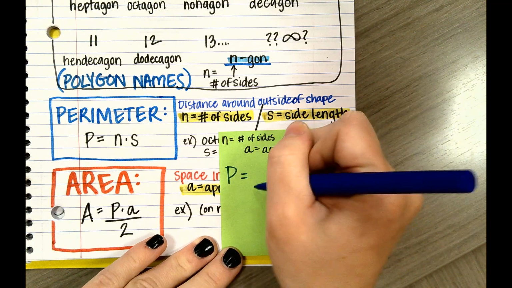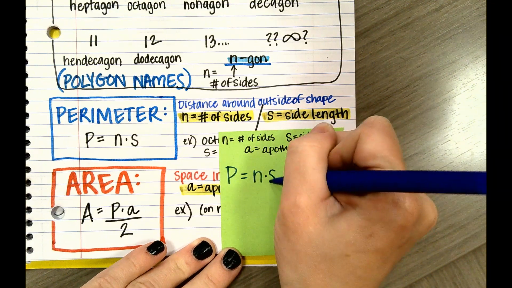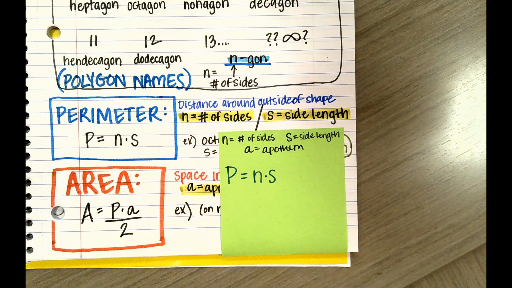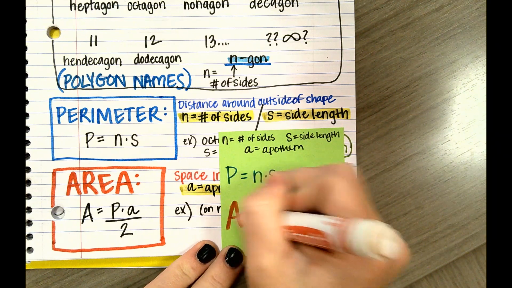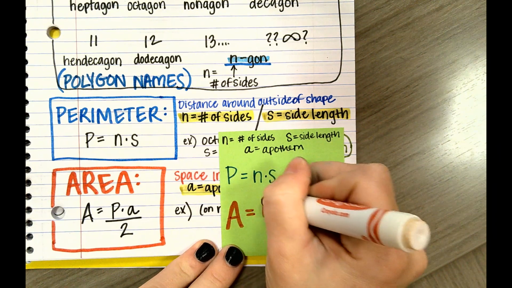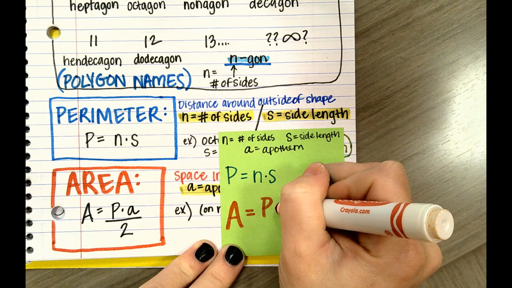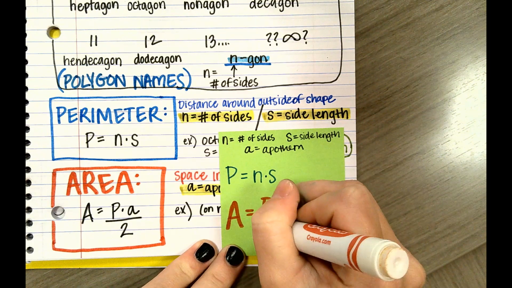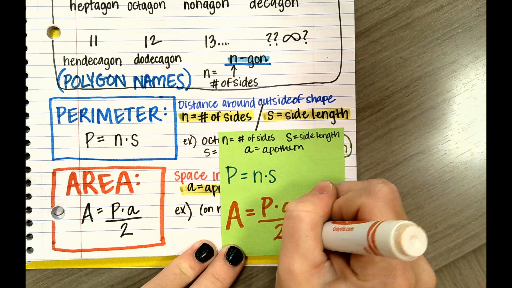P equals n times s. And A equals P, as in perimeter, times little a, apothem, divided by 2.